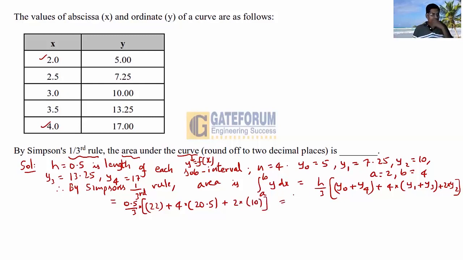So this simplifies to, because they asked for 2 decimal places, 22 plus 82 plus 20, 124 by 6. Approximately 20.67, because for 2 decimal places you will be getting 20.666 recurring decimal. So I can say 20.67. So the answer is 20.67. That is the area. This is the end of the question.